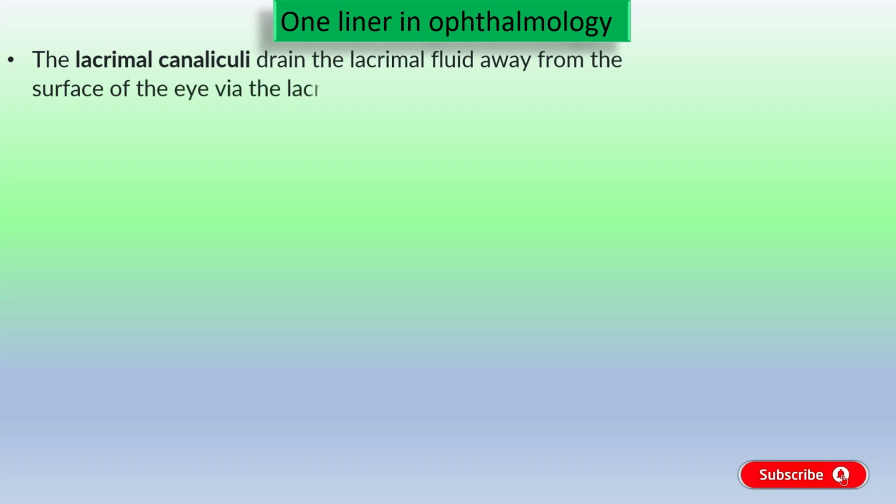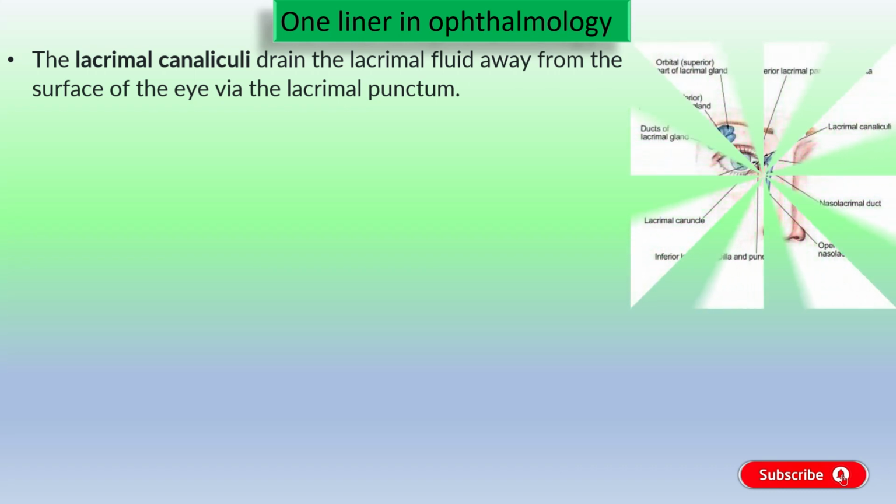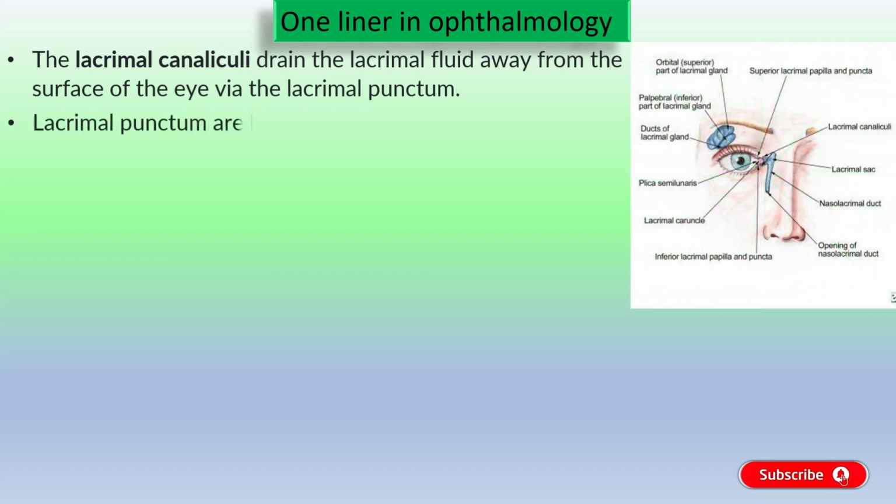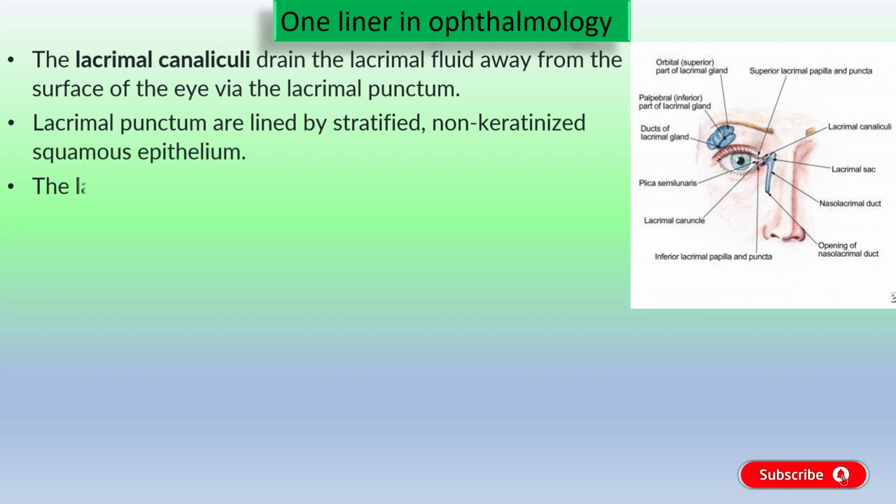The lacrimal canaliculi drain the lacrimal fluid away from the surface of the eye via the lacrimal punctum. Lacrimal punctum are lined by stratified, non-keratinized squamous epithelium. The lacrimal sac is the dilated portion of the duct system.